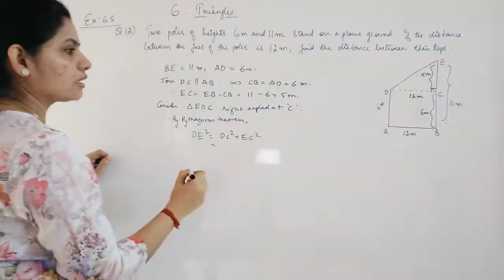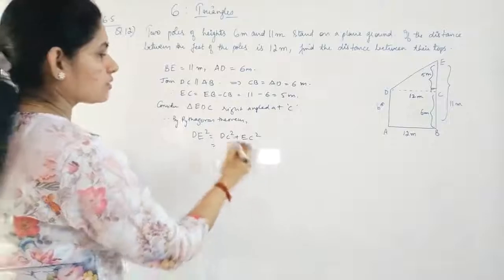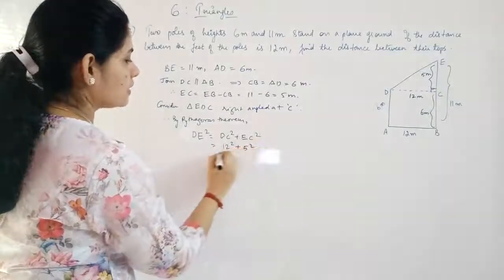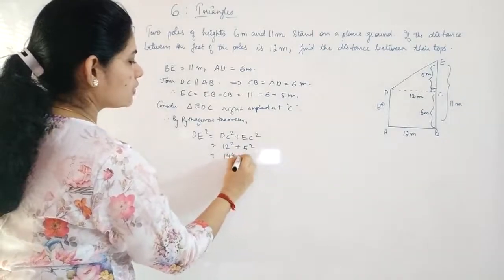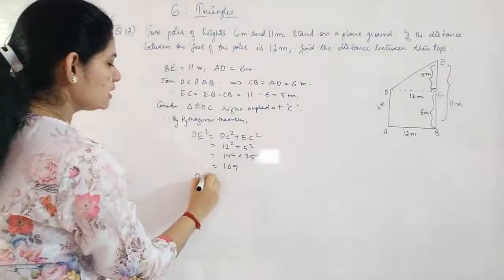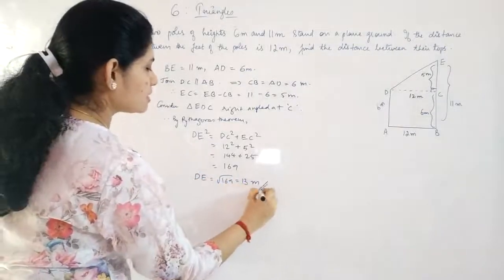Since DC is parallel to AB, DC is also 12. So 12 square plus 5 square is 144 plus 25, which is 169. So DE is equal to root 169, which is 13 meter.